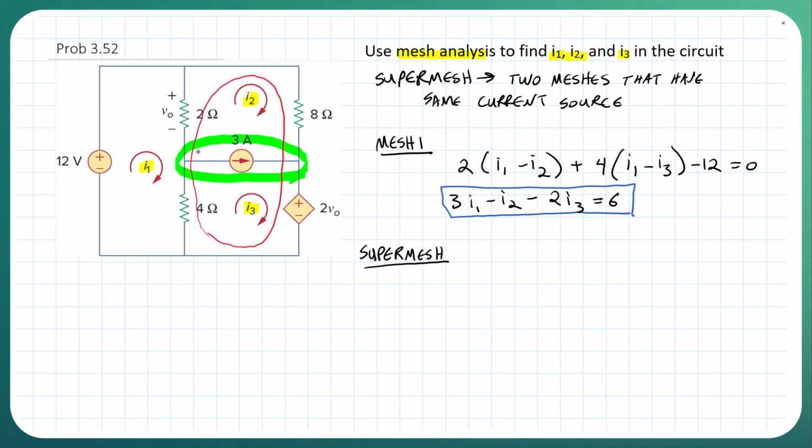Okay, so if I go around this here, one big mesh, I'm going to have 2 for the 2 ohms up here.